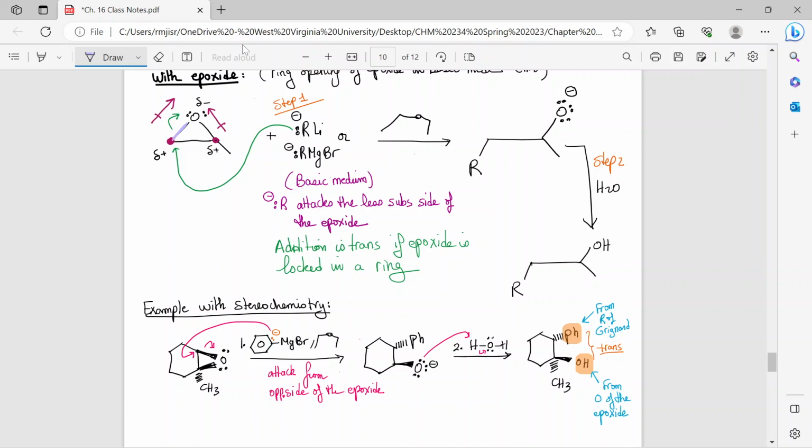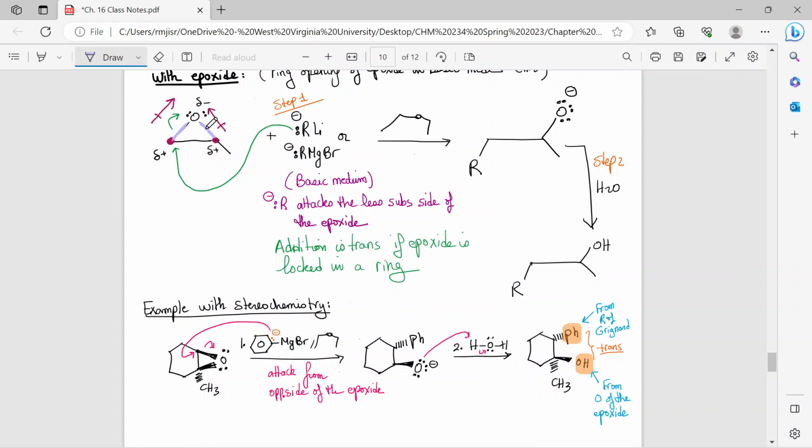These bonds over here are very weak bonds. They are made up of the overlap of the sp3 hybrid orbital of the oxygen with the sp3 hybrid orbital of this carbon over here. Because you are squishing these two carbons, which should assumingly have a bond angle of 109.5, into a 60-degree bond angle, those bonds are going to be weak because the overlap between the orbitals is bent.